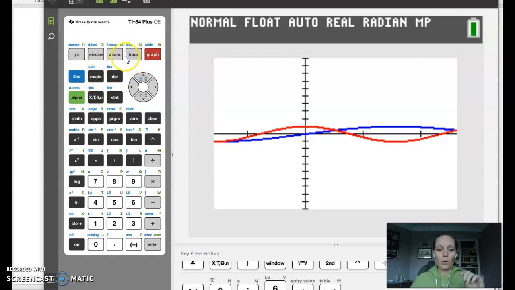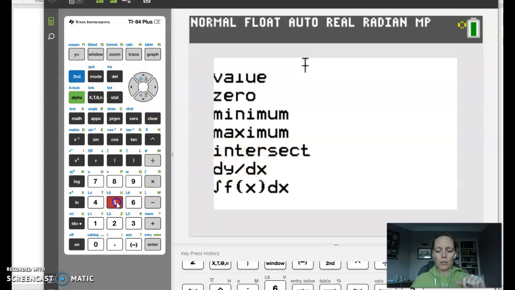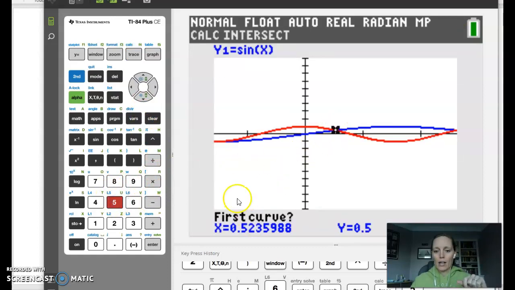So we first need to know where they intersect. So I'm going to use the calc function on my calculator by going to second and calc. And I'm going to calculate the intersection point, which is option 5. Right now it's on the first curve, which is sine of x, and the little blinky thing is pretty close to the intersection point, so I'm going to hit enter. Then it moves to the red curve, cosine of 2x. By this point, that blinky thing is where I want it, so I just hit enter again.